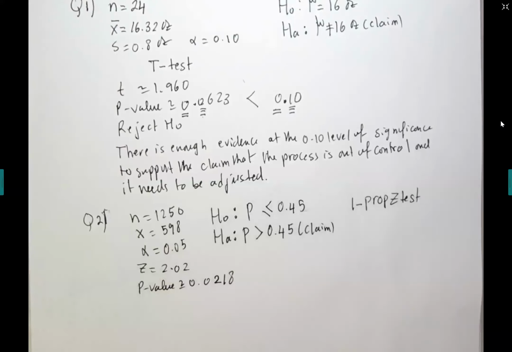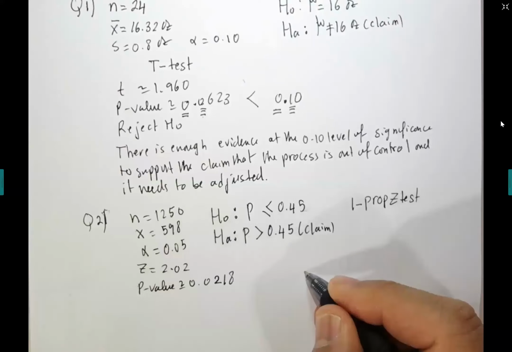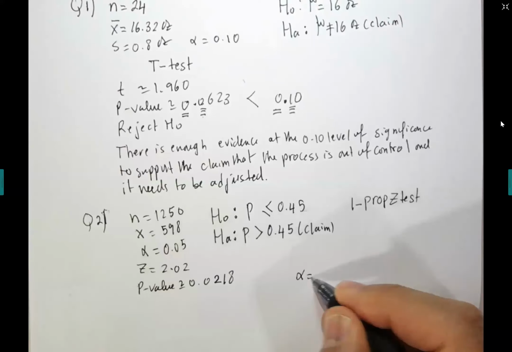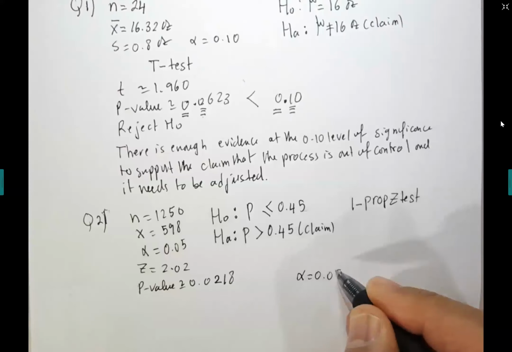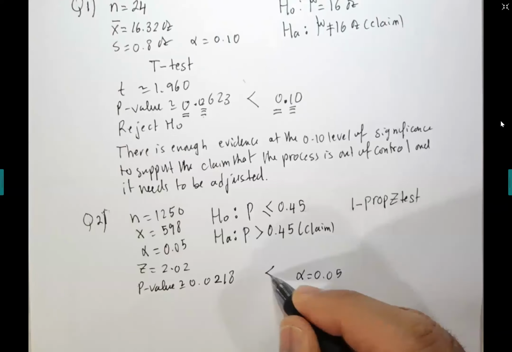This is alpha, guys. What do I put, less than or greater than? Yep, I agree. It is less than, so we reject H0.